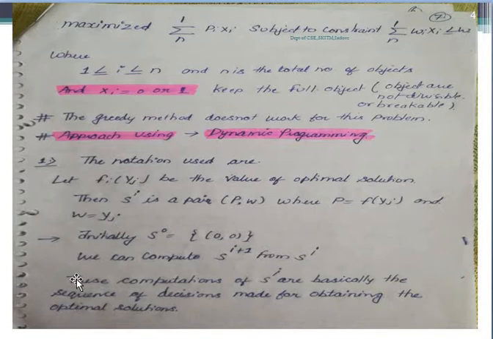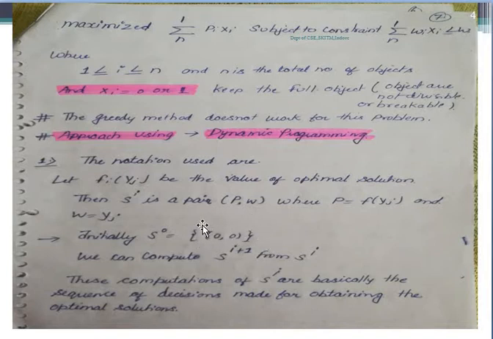We are solving the dynamic programming 0-1 knapsack problem using the set method. Initially, the set S^0, pronounced S zero, is equal to (0, 0), that is, the profit, weight value.